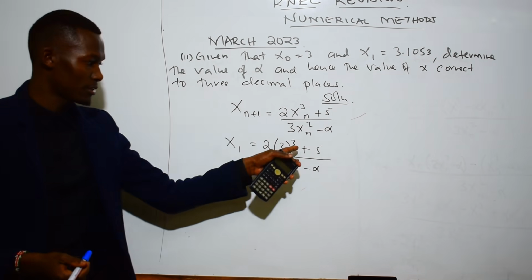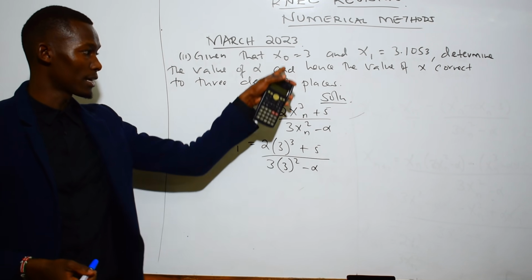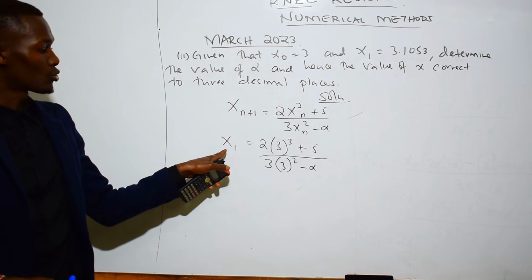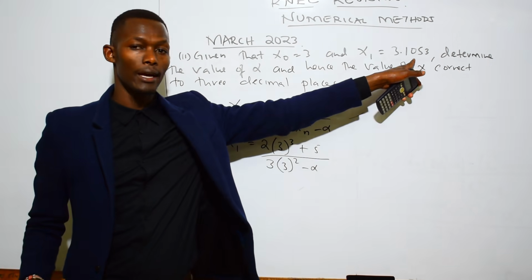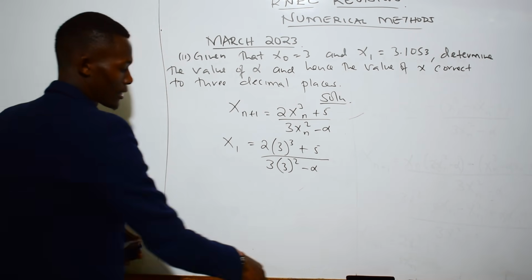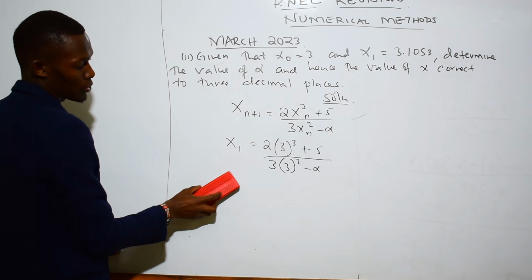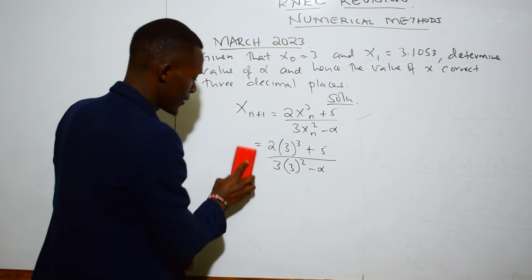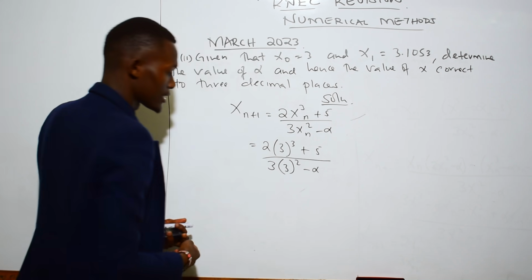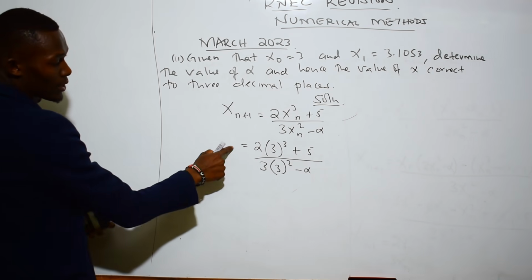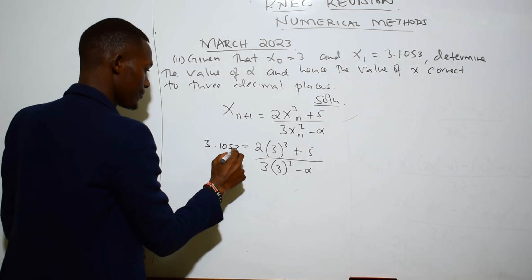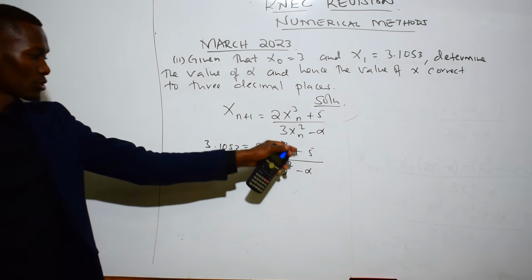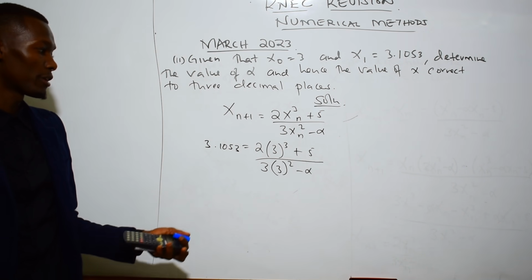So when replacing your x0 in this equation, it will give you x1, right? But what do we know? We already have the value of x1. So in short, what we shall be doing is simple algebra. Our value for x1 is given, which is 3.1053. So now you can solve this equation to find the value of what?